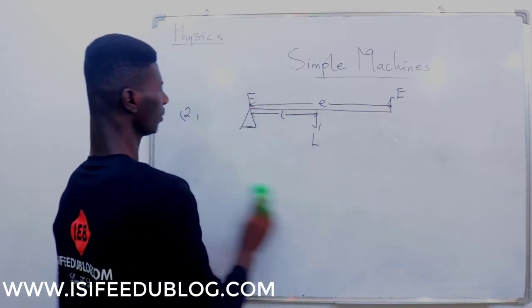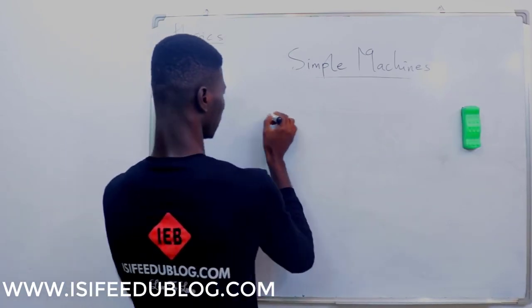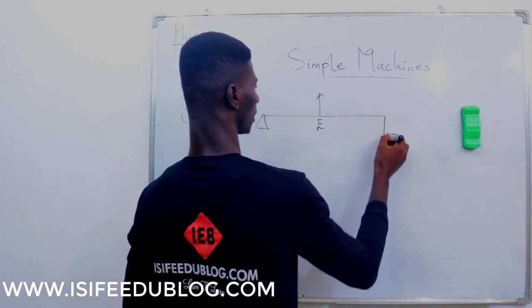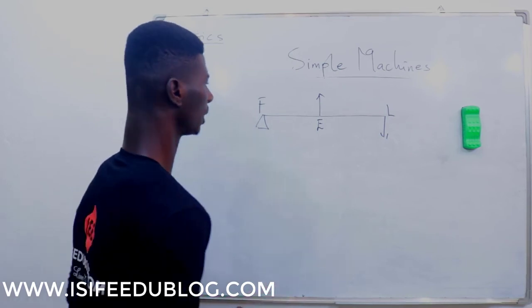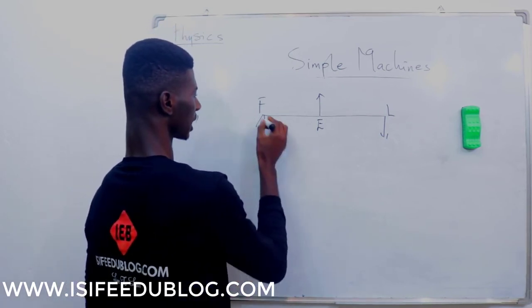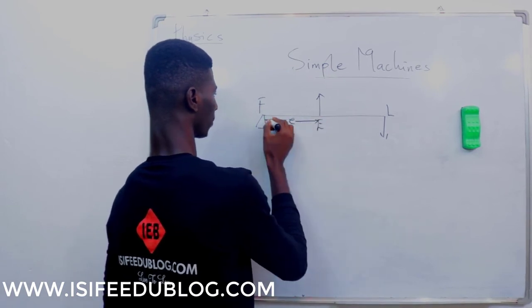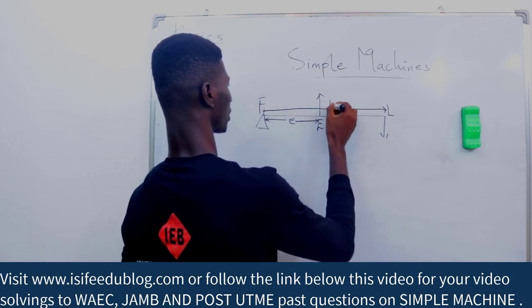Okay. If you go to third class, in third class we have that our effort is between our load and the fulcrum. So the distance moved by effort from here is this. The distance moved by load is this, small l.